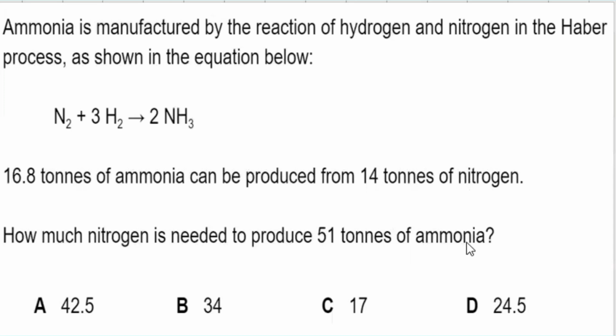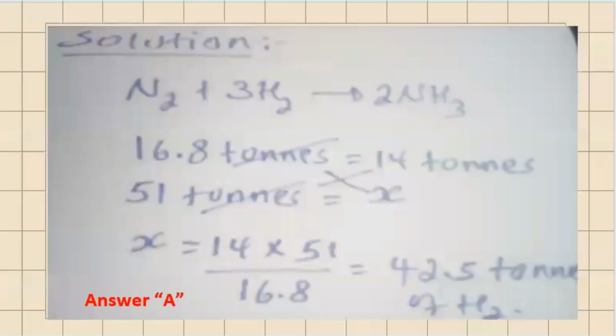Then we can directly calculate the amount by using this proportion. 16.8 tons of ammonia is produced from 14 tons of nitrogen. How much nitrogen is needed to produce 51 tons of ammonia? And then you can use the crisscross method.